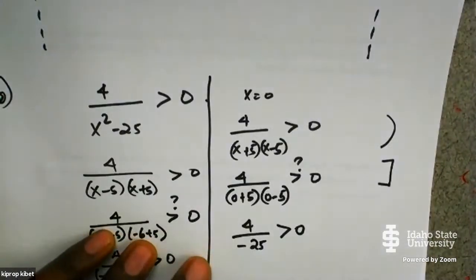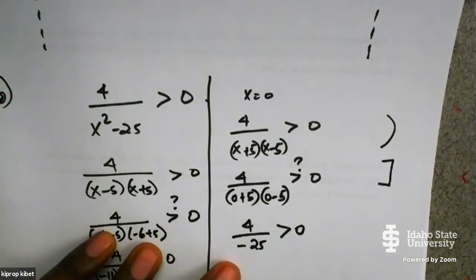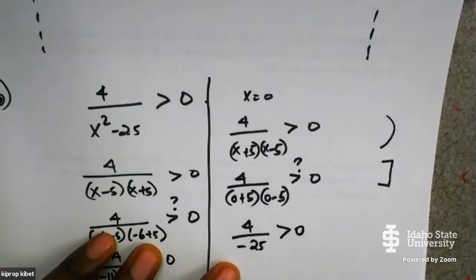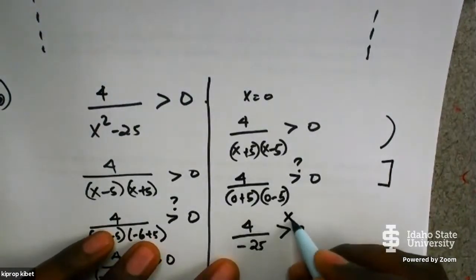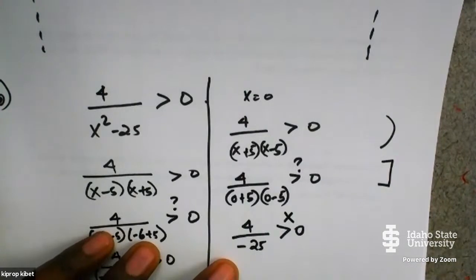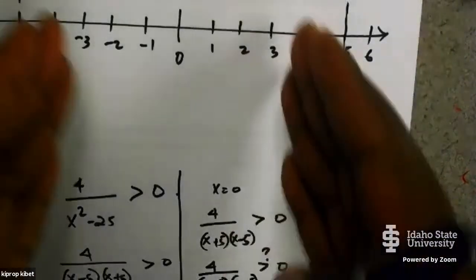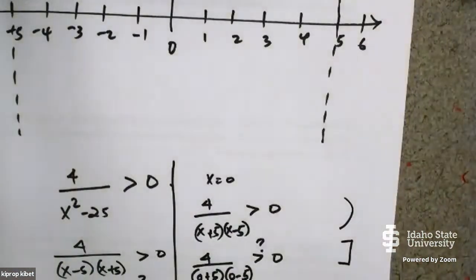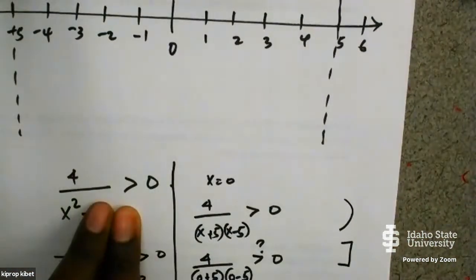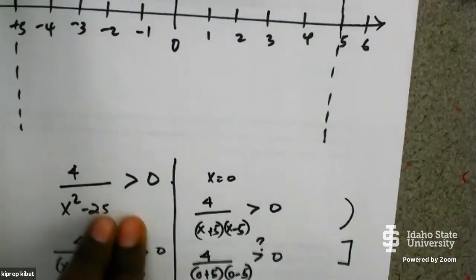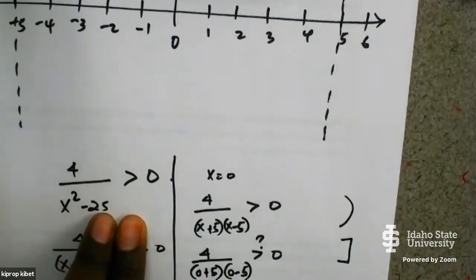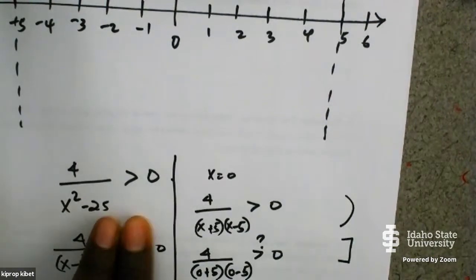So it is negative 4 over 25. Is it greater than 0? No. So this region is not agreeing with this inequality.